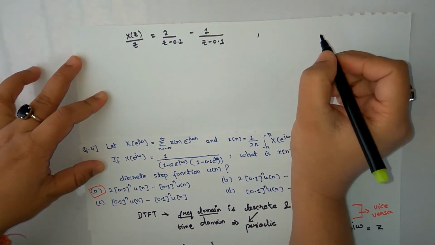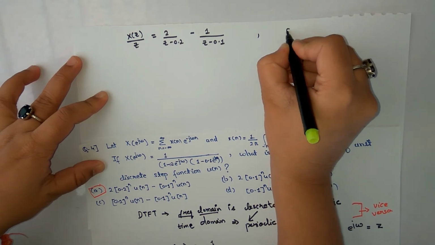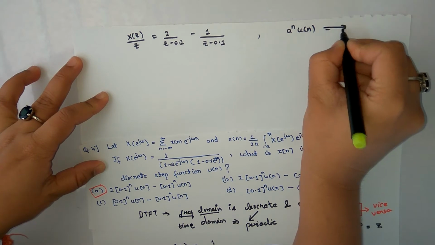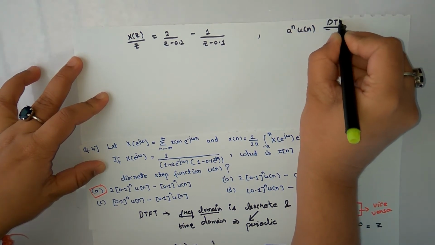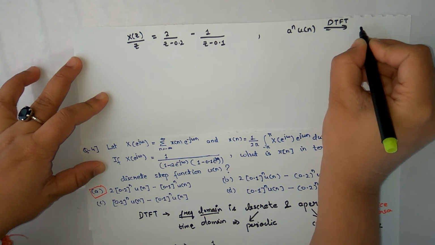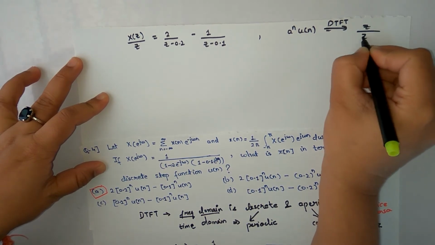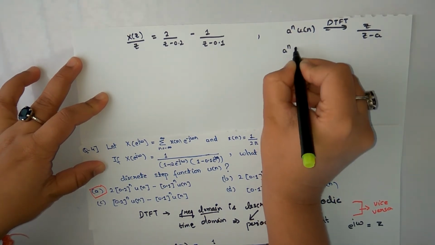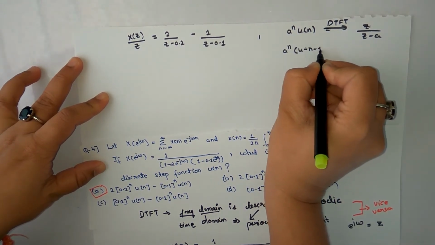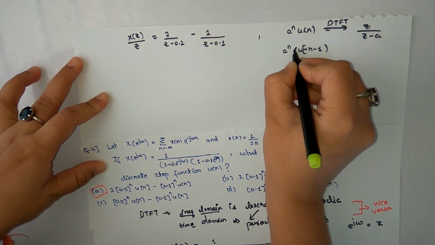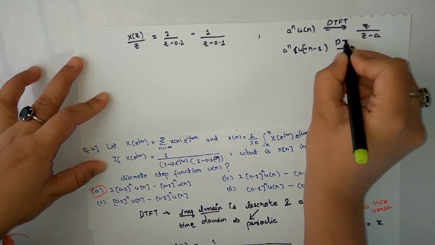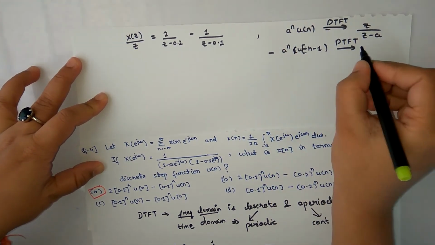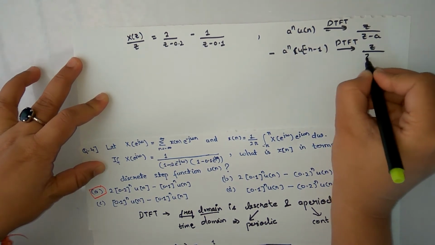And from standard results, we know that the transform of a^n u[n] is equal to z upon z minus a. Also, the transform of minus a^n u[minus n minus 1] is also equal to z upon z minus a.